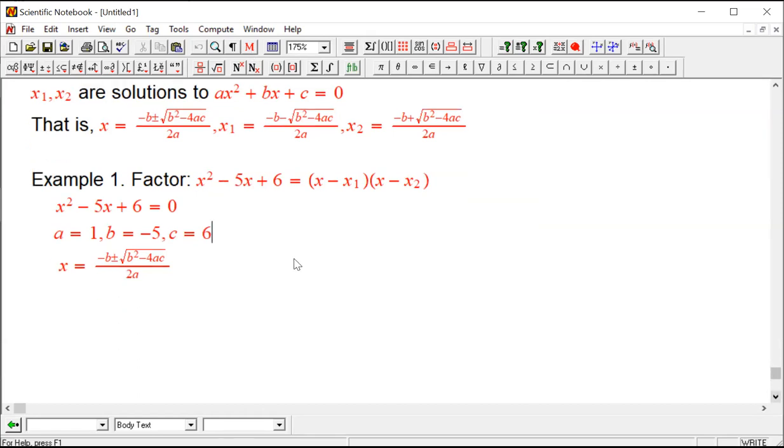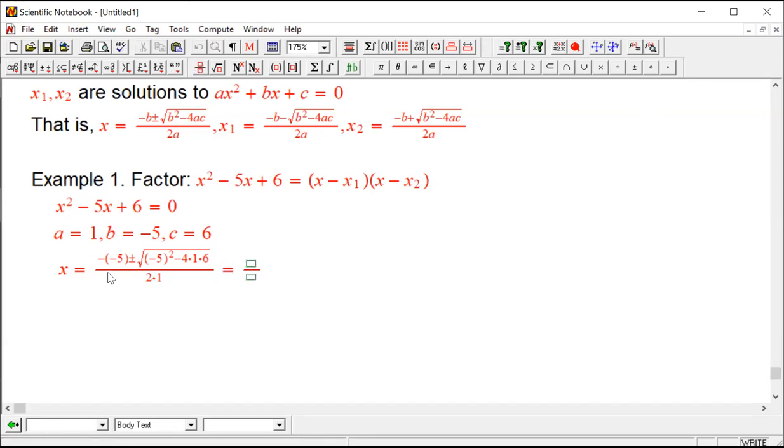All we have to do is plug in. Negative b is -(-5), b is -5, a is 1, c is 6, a is 1.